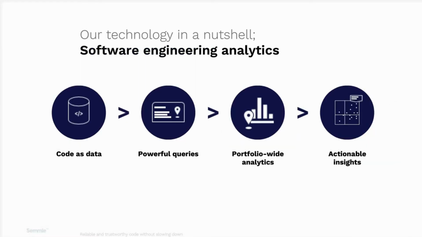So what I'm going to talk about now briefly is what Semmle is and what our technology does that can help with this problem. Our big idea is summed up as code as data, the first box on this slide. We take your source code and turn it into a database, which makes your source code queryable.